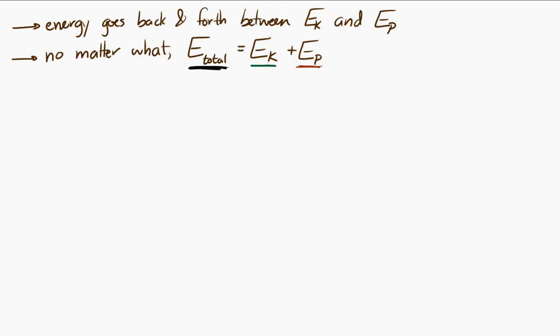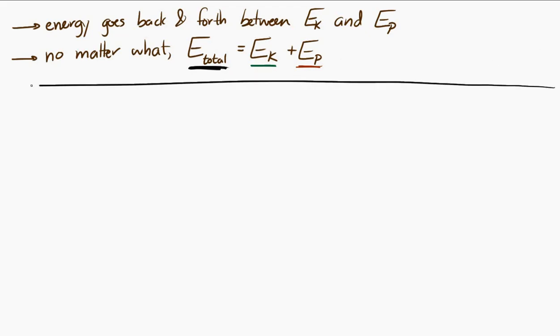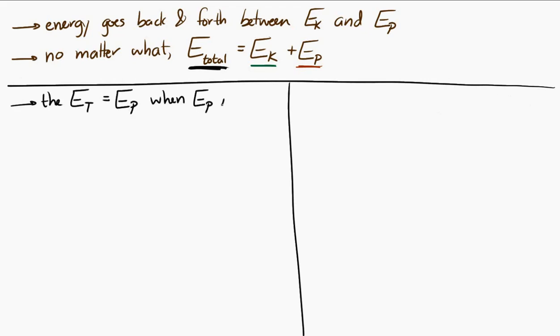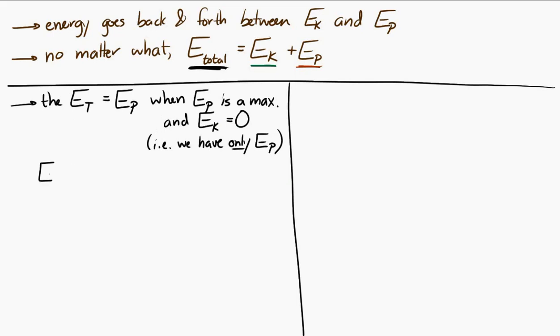Well, then the total energy would be equal to the potential energy when the potential energy is at its maximum value and the kinetic energy is equal to 0. And the greatest that the potential energy can be is when it's at a displacement equal to its amplitude, when it's at those extremes of the motion.